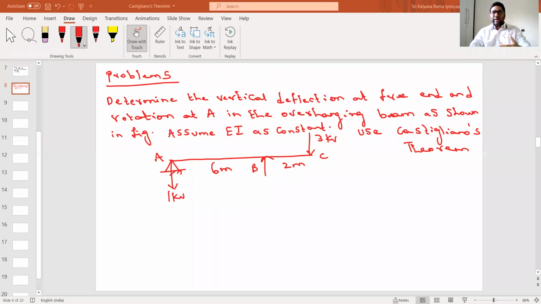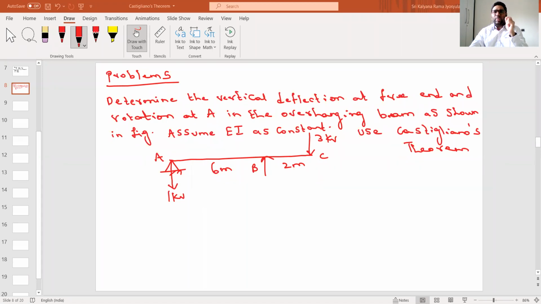That wherever we need to calculate the rotation or the force or the deflection, partial differentiation of strain energy with respect to the applied load will give the deflection, and partial differentiation of strain energy with respect to the applied moment will give the rotation.